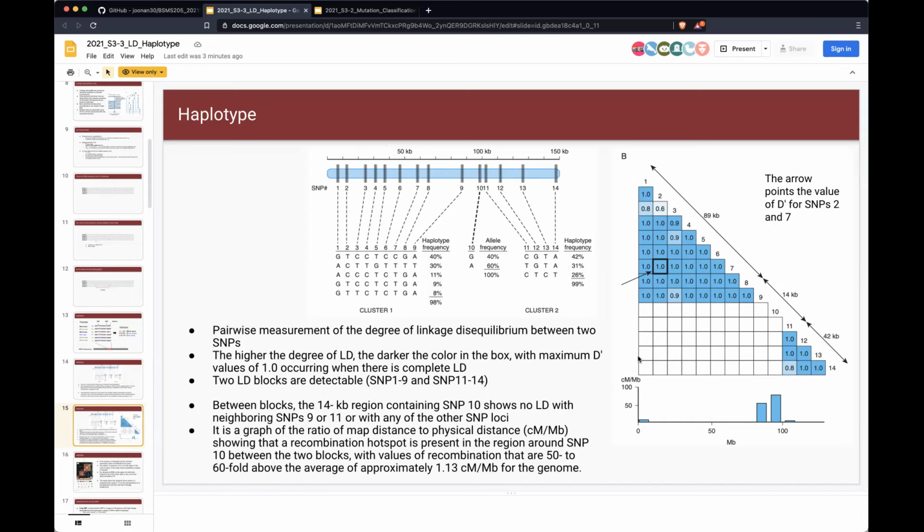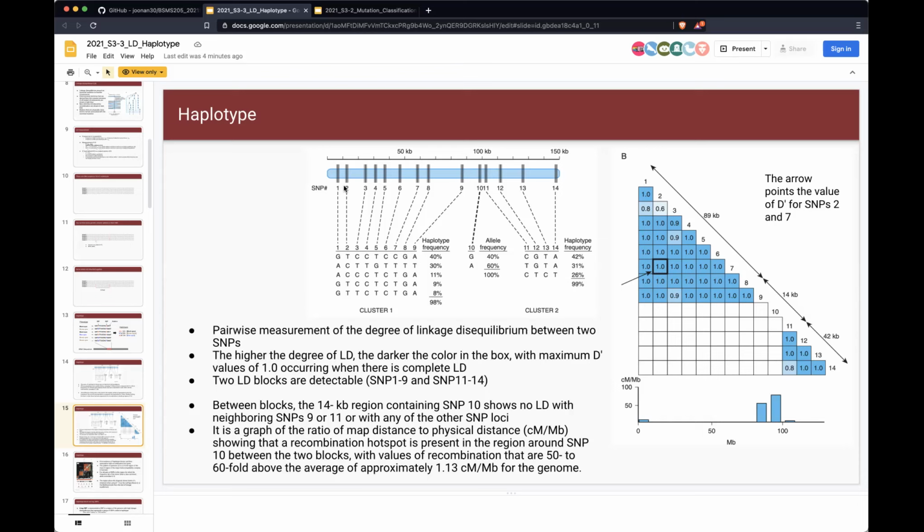So this is one way. And this is the other axis, which is the same strand as this one, just put in a pairwise comparison, right? So if you look at the relationship between 1 and 1, then it always has 100% LD because it's the same locus, right? And you can also compare 1 to 2 or 1 to 3, or sometimes like this black square, which is 2 to 7, right?